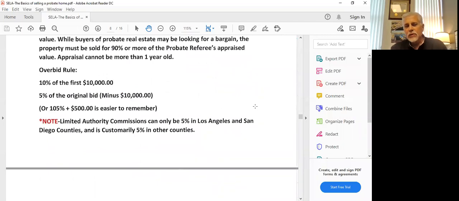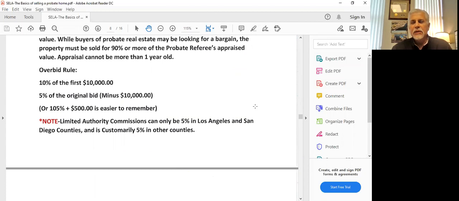When it does go to court, there are limits on who can bid. Another very important thing: if you're a buyer for probate, make sure you call the attorney and/or the listing agent and ask, who do I need to make a cashier's check out to be qualified for overbid?